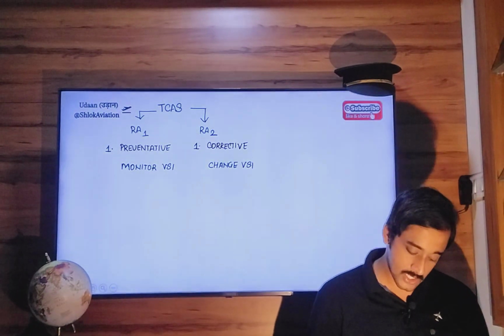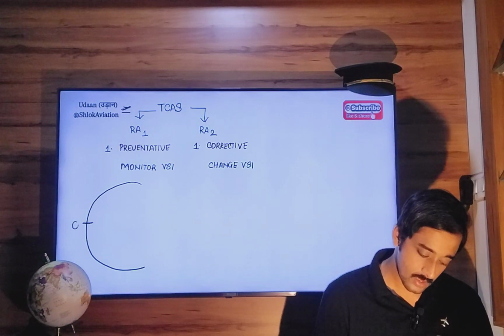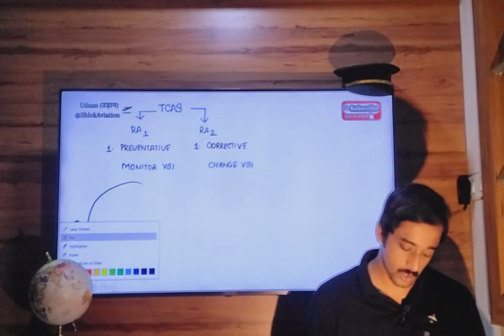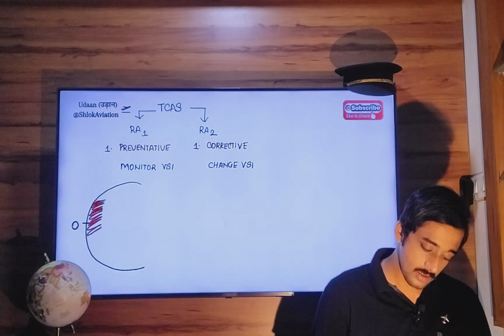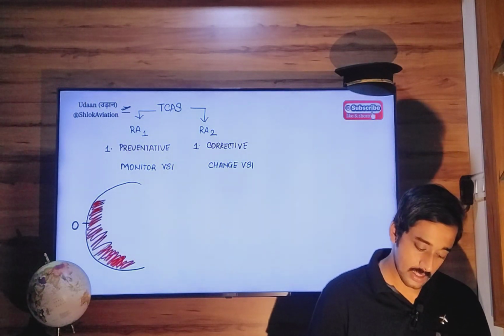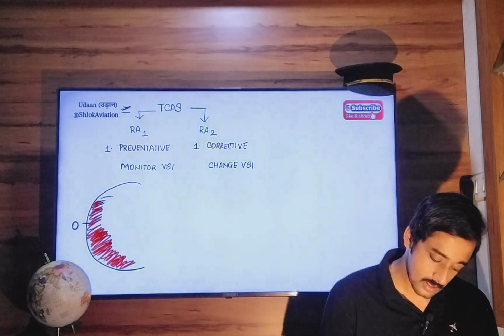Let's say this is your VSI, vertical speed indicator. Whenever a preventative resolution advisory is issued, a part of this vertical speed indicator will be shaded red in color, and the remaining part will be shaded green in color, like this.